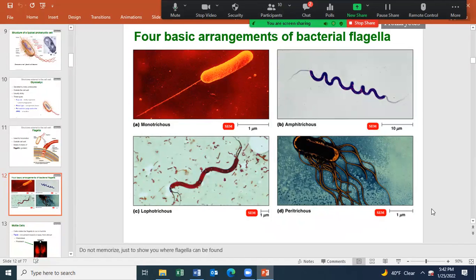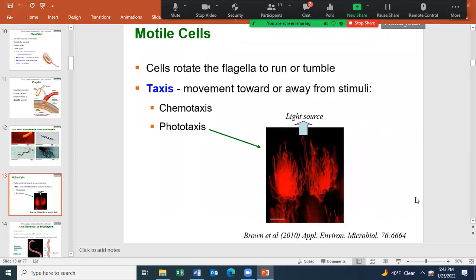And remember, if the bacteria can move, it has flagella. You can have different bacterial arrangements, and you don't really need to know the terms. I won't quiz you on this, but the flagella can be on one side, or it can be on both sides. It can be multiple on both sides, or the flagella can be all over the place, in which case we call it peritrichous. Motile cells have flagella, and the cells can rotate or swim.